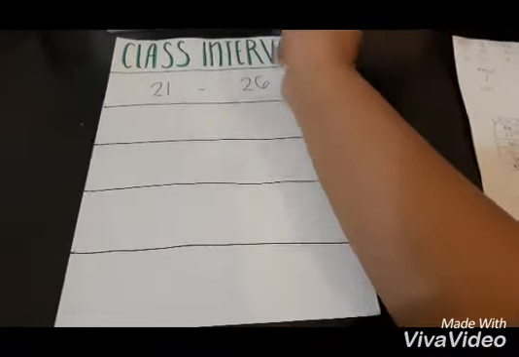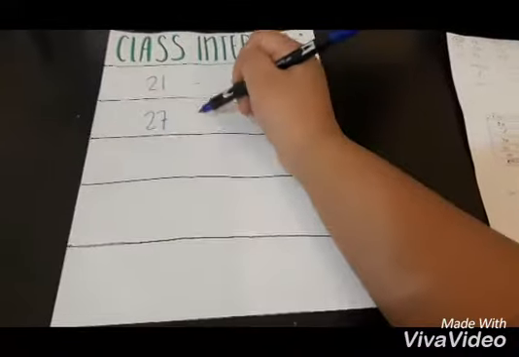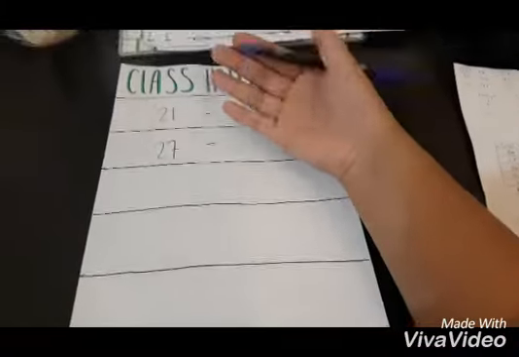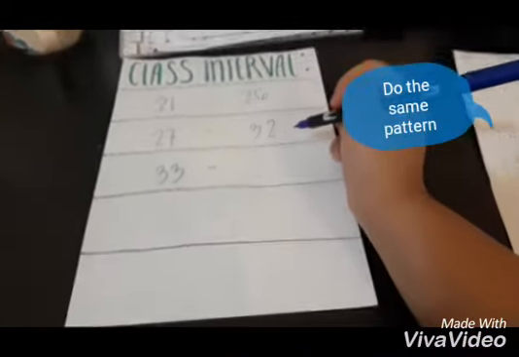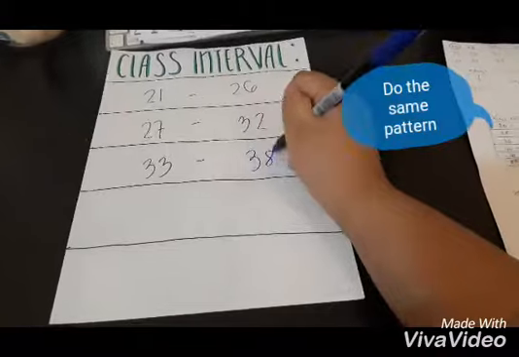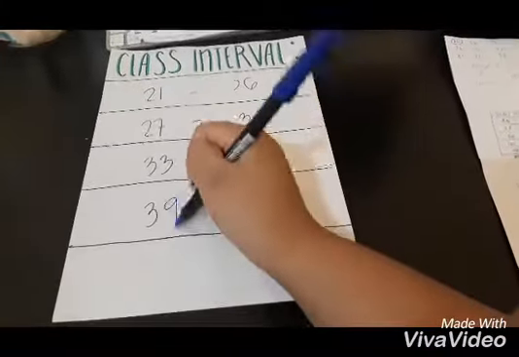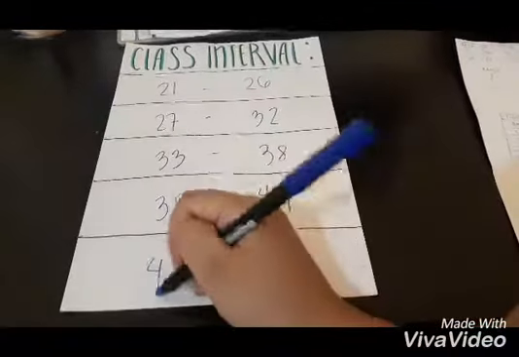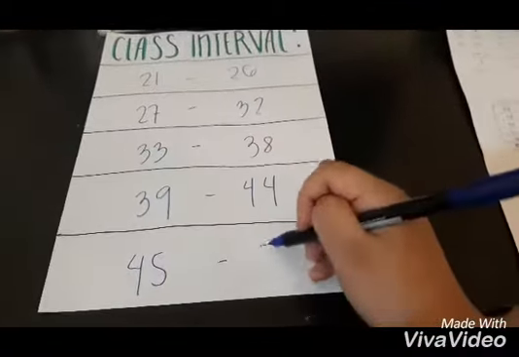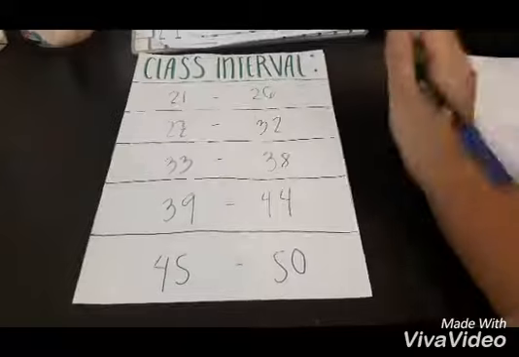And then we're going to go with 27, 28, 29, 30, 31, 32. We have 32 and then 33. So we just have to do the same pattern. So this is how we get the class interval.